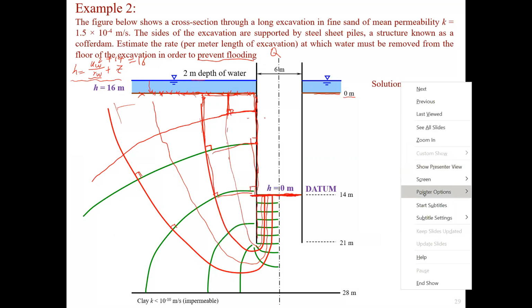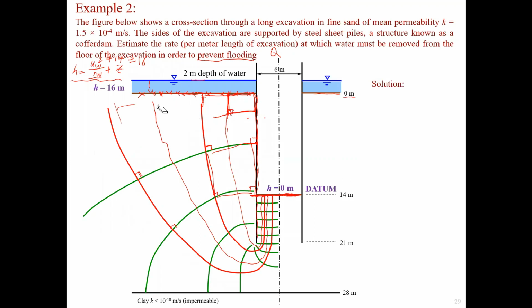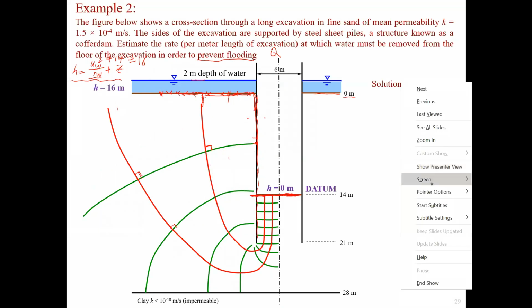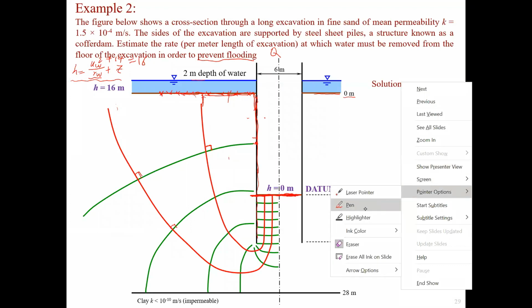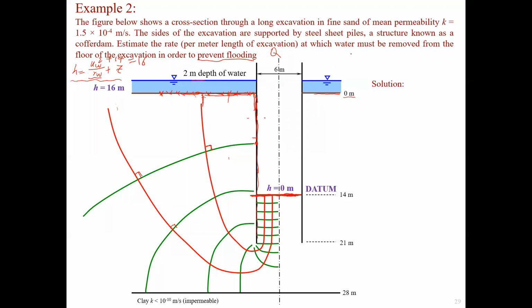So there's no single absolute answer. There are multiple answers as long as your plot looks reasonable. But as I said, to save time, normally you just plot 2 to 4 flow lines. That's enough, and then you can draw the equipotential lines.